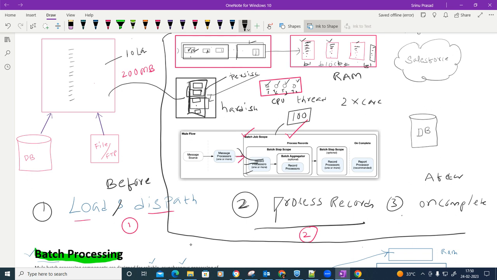Now try to understand what step one and step two are. I can't do the entire process in one single step. It's better to process in two steps, at least, depending upon the requirement. What are the steps actually? Say you are processing employee payroll. In employee payroll, there are certain rules. If the employee is full time, you need to process different rules. If the employee is part time, there are different rules.